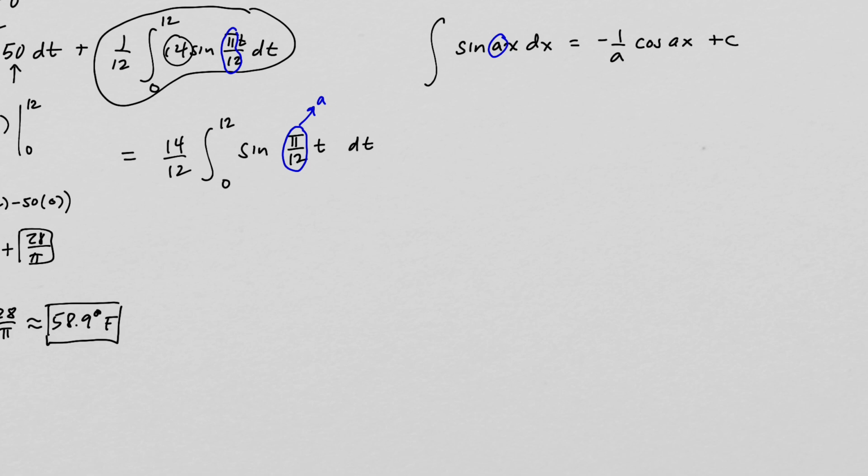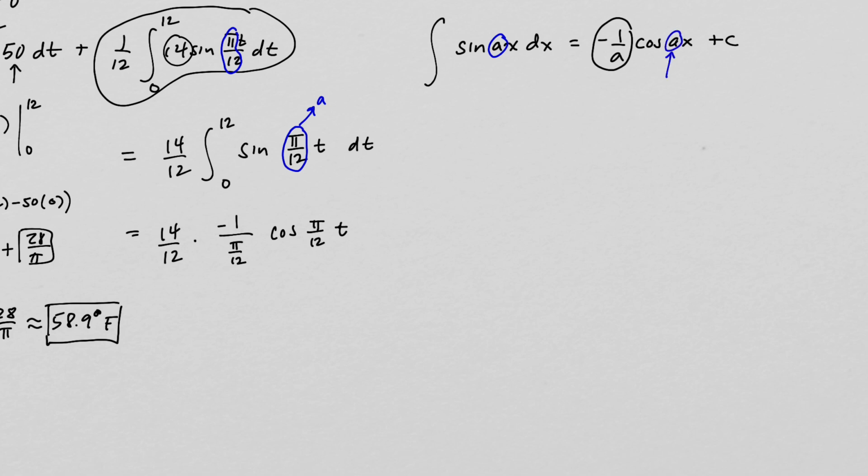And so the value of this integral is going to be 14 over 12 times, the formula says negative 1 divided by a, so that's negative 1 divided by pi over 12, and then cosine of pi over 12 times t, right? So the integral here is cosine of ax.